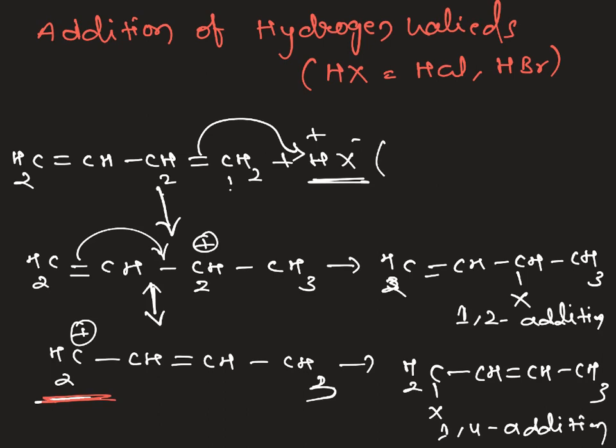So when we use 1 equivalent of HX, here also we always get 2 products, the 1,2 addition product and the 1,4 addition product. And here also, the formation of the 1,2 or 1,4 addition product depends on temperature and solvent. Low temperature always favors the 1,2 addition product and high temperature always favors the 1,4 addition product.